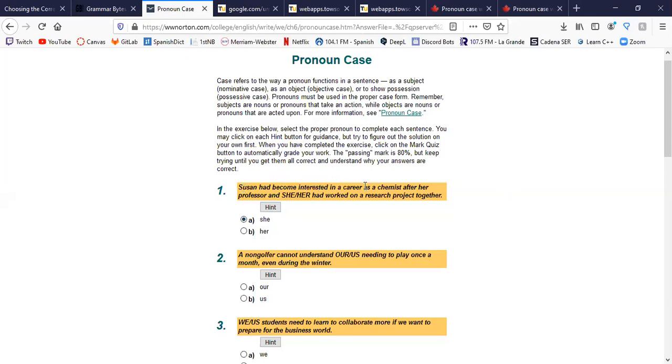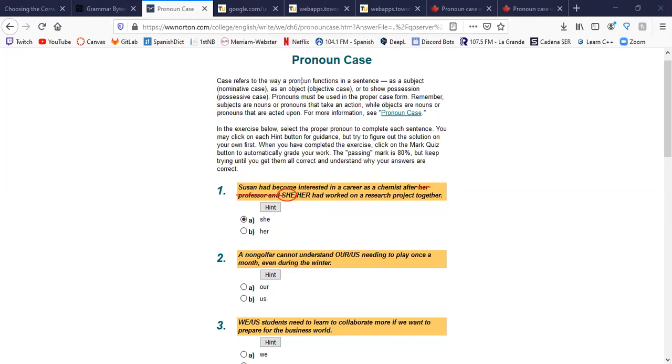Susan had become interested in a career as a chemist after her professor and she had worked on the research project together. If you take out her professor, then it would be Susan had become interested in a career. Actually, here, let me annotate. So if you take out her and professor and the word and, then you would just have Susan had become interested in a career as a chemist after she had worked on the research project together.